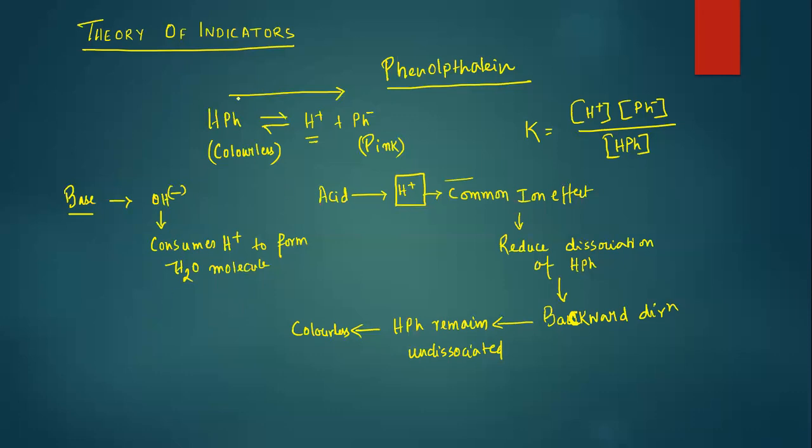So whenever this reaction is going in the forward direction, if the products are taken away, what does this mean? Products are consumed, right? As soon as the products are consumed, which reaction is favored? The forward reaction is favored.